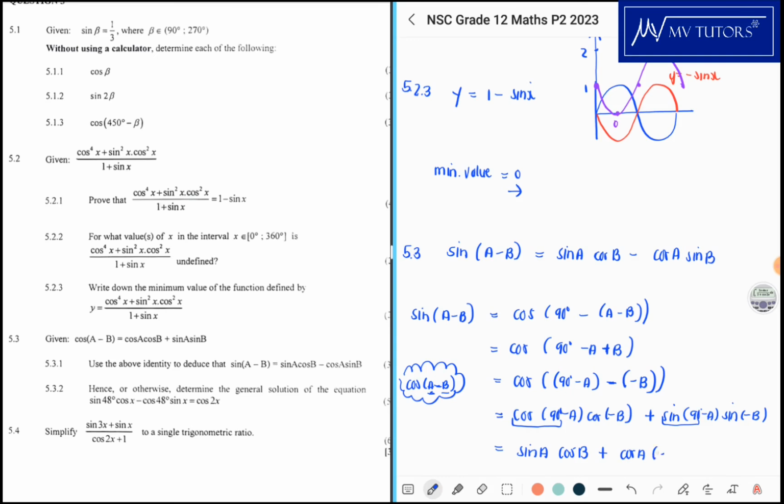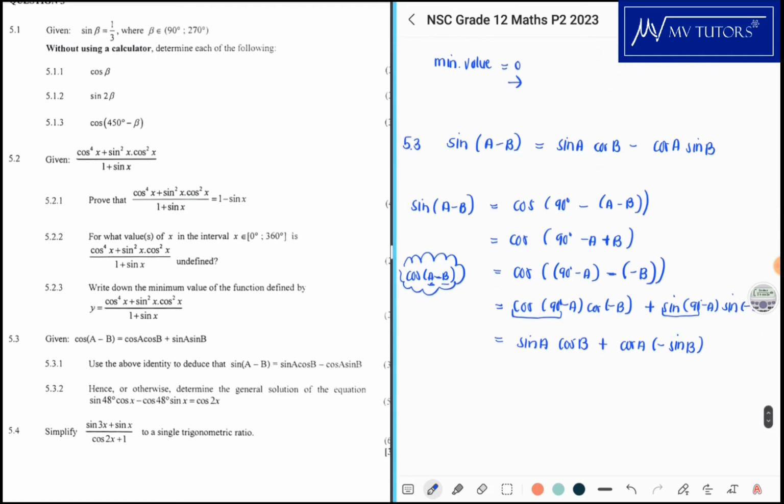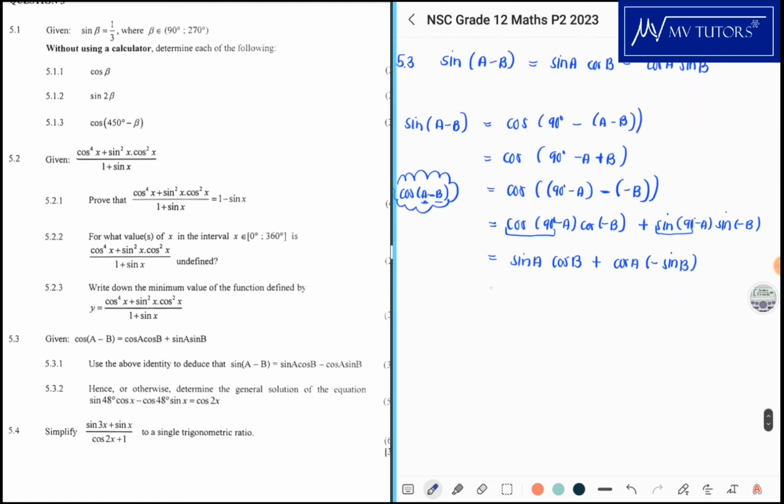Then we have a negative sine B, because sine of a negative angle is just negative. If we now simplify further, removing all brackets, we have sine A cos B minus cos A sine B. Is that what they wanted? Yes, that is exactly what they wanted. So you would have your 3 marks. Just remove that so that it doesn't confuse the marker.